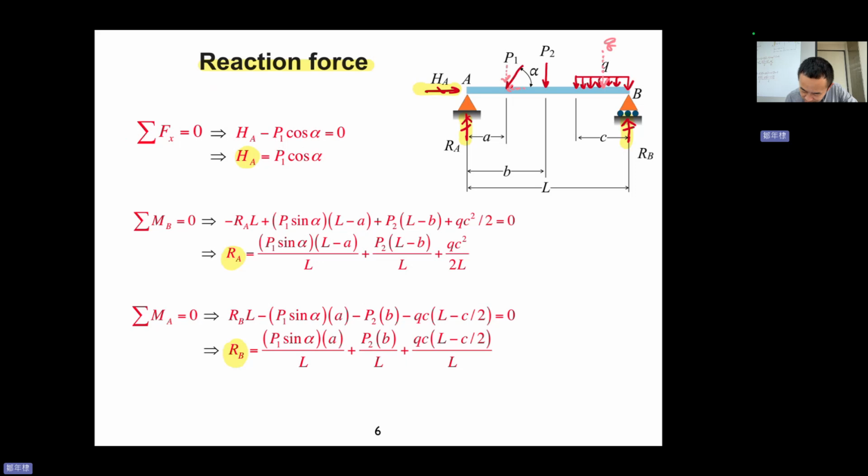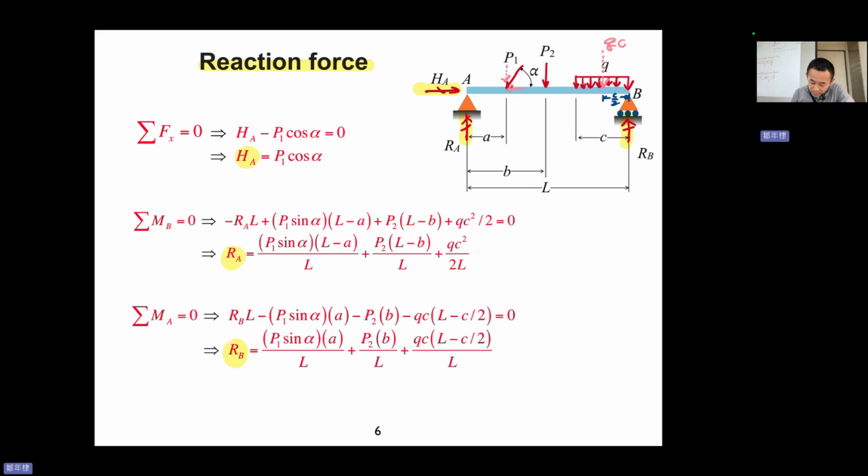Q times C. The Q times C is the area of this. The Q here is the height, right? The C is the length. So Q times C is the effective load for this distribution load. And acting on, you know that this is a half C. Half C.